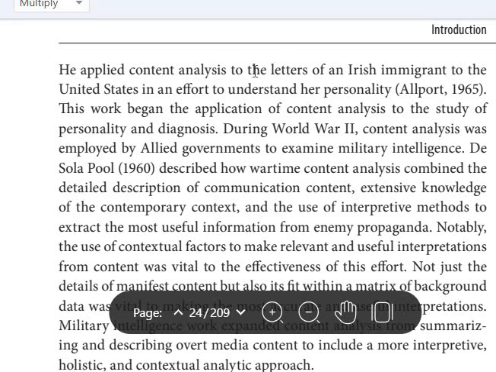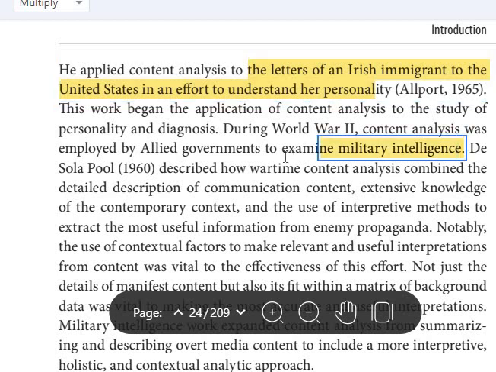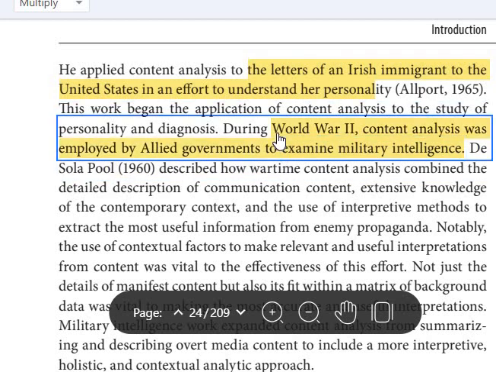So here we can highlight this use: the letters of an Irish immigrant, to understand her personality. It was a female Irish immigrant who wanted to migrate to the United States. Content analysis was used to identify her personality. Another thing is that it was used in military intelligence in the Second World War. What did they do actually?